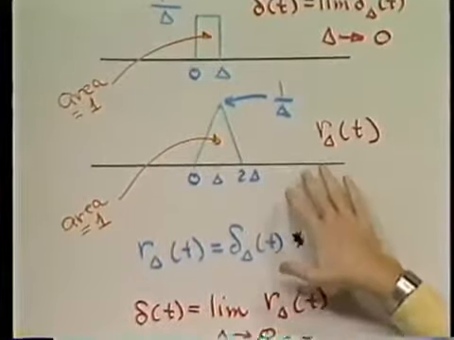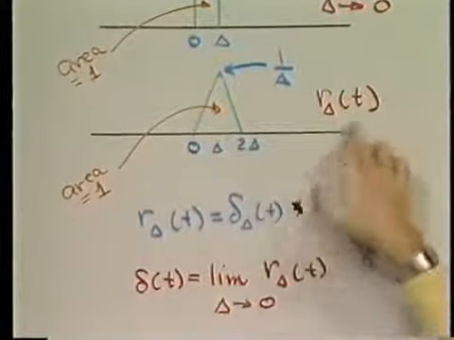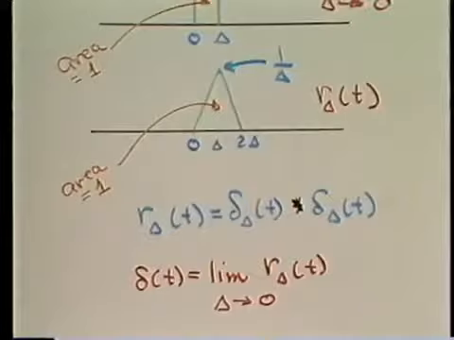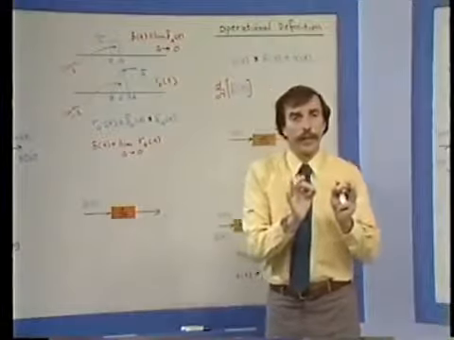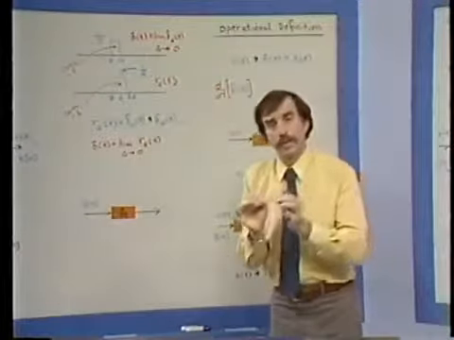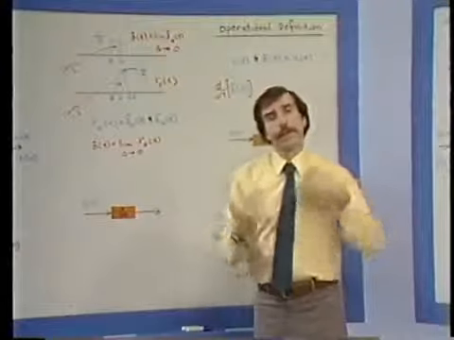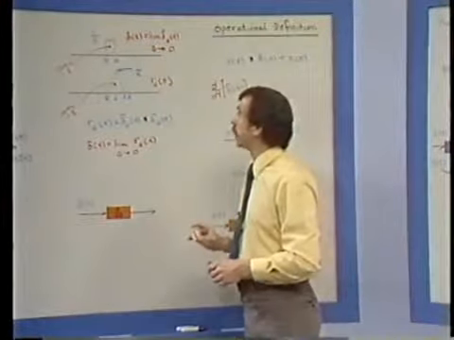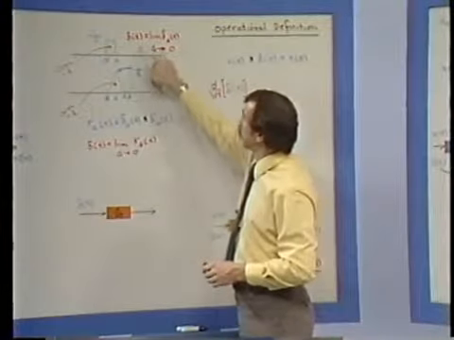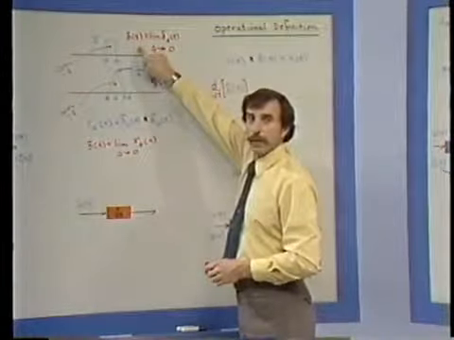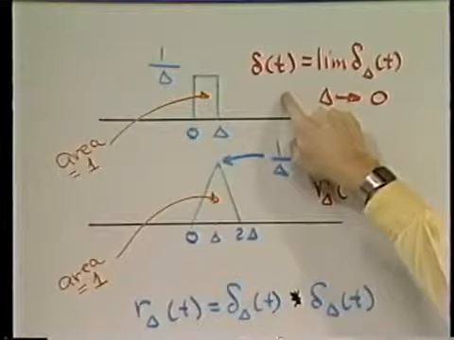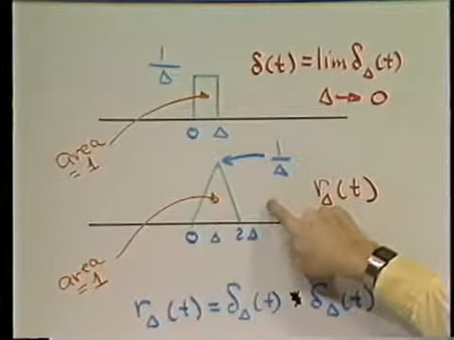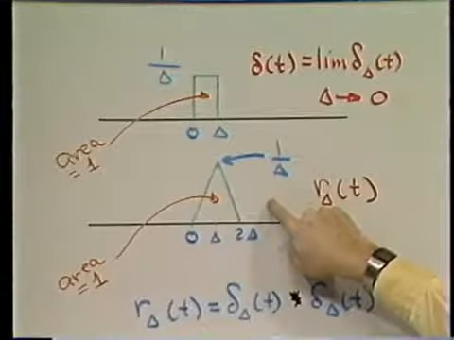And since the limit of this would correspond to the impulse response of the identity system convolved with itself, the implication is that not only should the top function, this one, correspond in its limiting form to an impulse, but also this should correspond in its limiting form to an impulse.